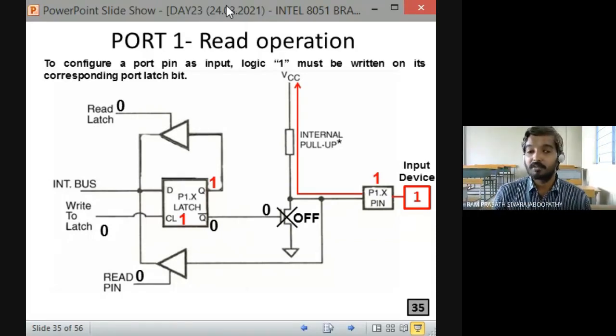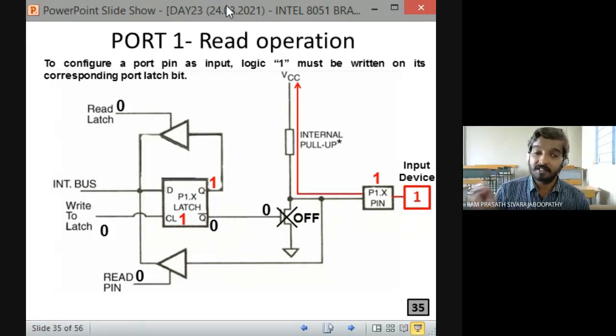Fine. So இன்னும் சிம்பிளா சொல்லணும்னா இது bidirectional port ஓட functionality இருக்குது, but it is not the exact bidirectional. Fine. That's why it is called as quasi bidirectional. இப்போ மீனிங் என்ன? Input device connect பண்ணாலும் logic 1 தான் கிடைக்கும் read பண்ணா.